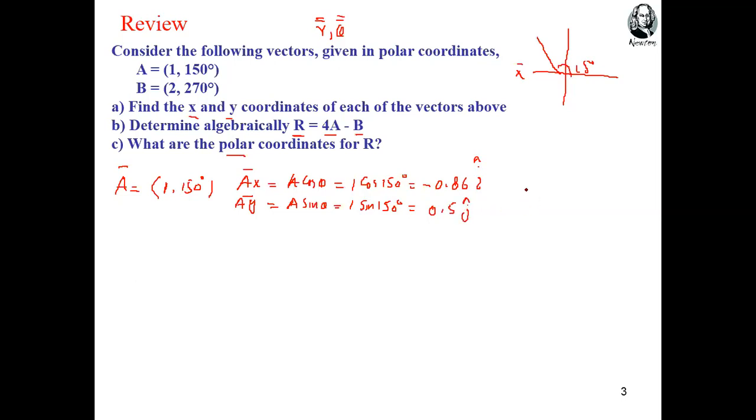So I can write A vector as A equal to A_x i plus A_y j. So A is equal to minus 0.86 i vector plus 0.5 j vector. This is vector number A.